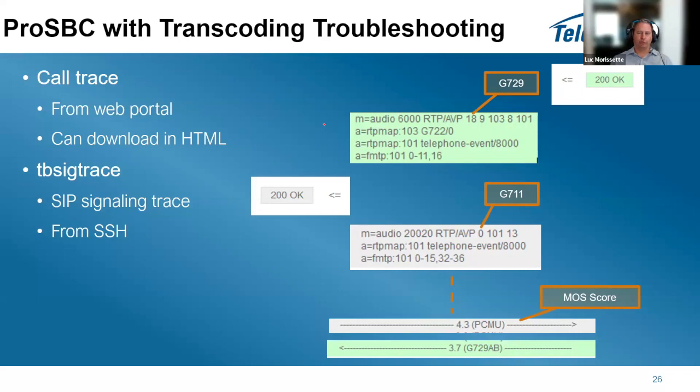Now, to troubleshoot the ProSBC with transcoding, one of the things you will look at is the call trace from the web interface. These call traces can be downloaded in HTML format. One of the things you will see here is that on the 200 OK received from the remote side, you will see which vocoder is being used first, right?